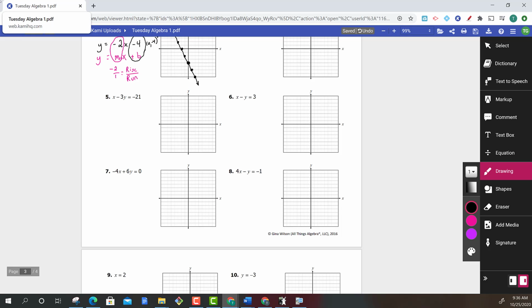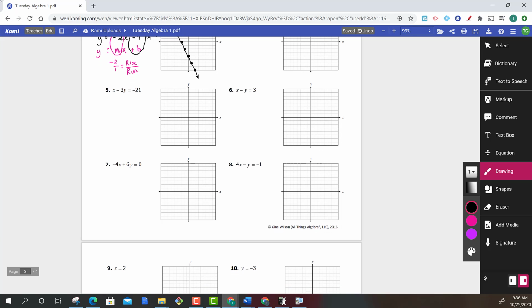Number 5, we need to solve this for y again. So you may be thinking, well, let's get rid of that -3. But that -3 is multiplying by y, which means we're eventually going to have to divide by -3 in this problem, which typically, when we're solving equations, division is usually our last step.